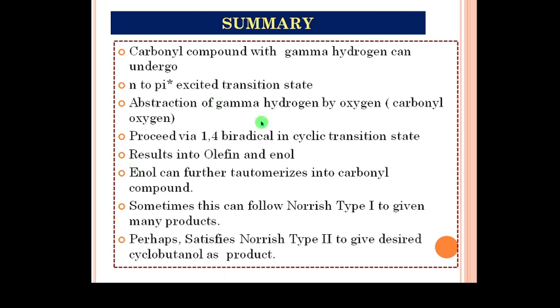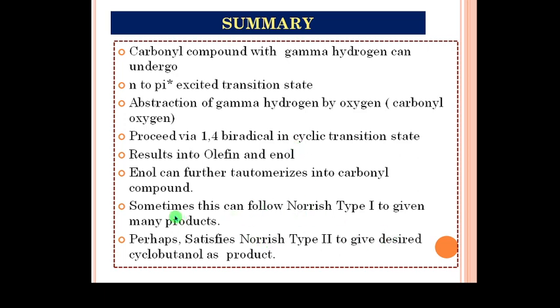So once the abstraction takes place, then only the biradical formation takes place. During the biradical formation, there is a possibility of a cyclic transition state, and combination of these 1,4-biradicals results in the olefin and enol. Enol tautomerizes to give you carbonyl compounds. So this is the main aspect involved in a Norrish type 2 reaction.